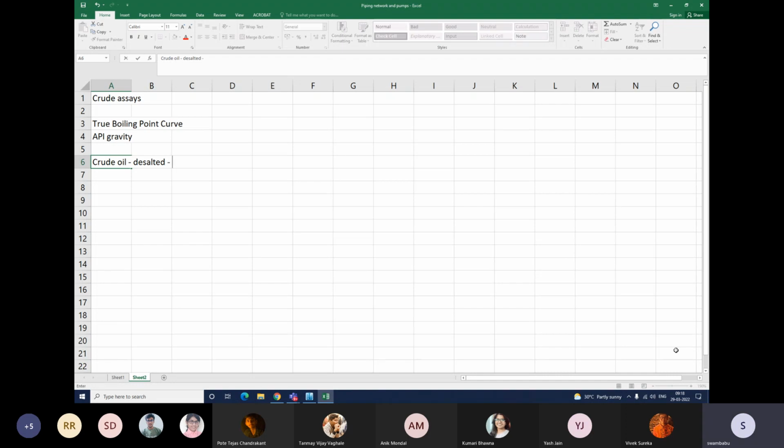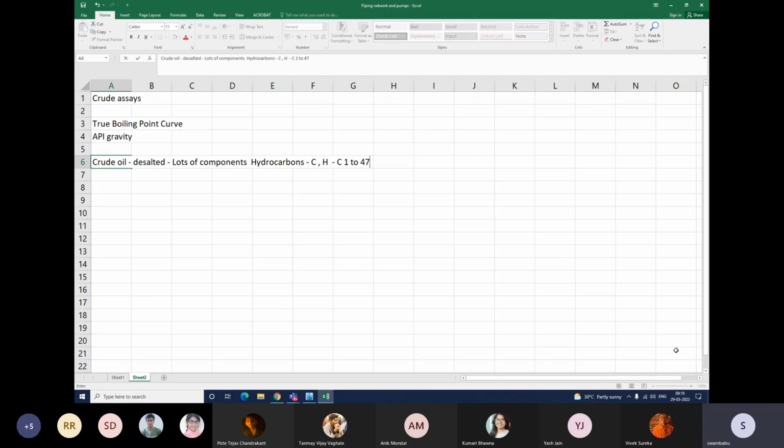This crude oil contains lots of components, predominantly hydrocarbons, which are C and H. The carbon number varies from C1 to C47.